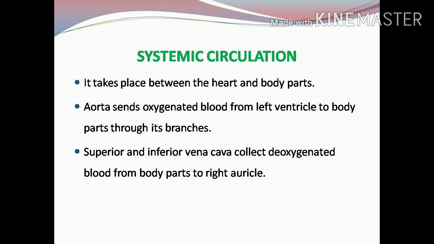Systemic circulation takes place between the heart and body parts. Oxygenated blood from the left ventricle through the aorta reaches the different parts of the body. At the same time, deoxygenated blood from different parts of the body enters the right auricle through the superior and inferior vena cava.